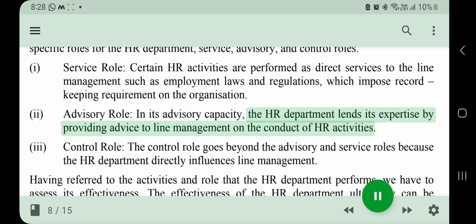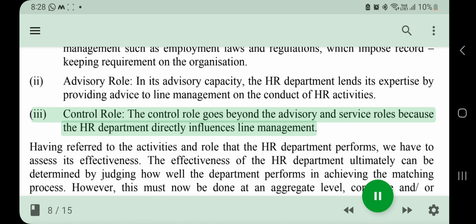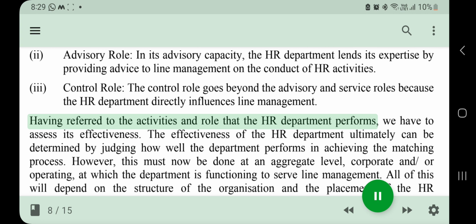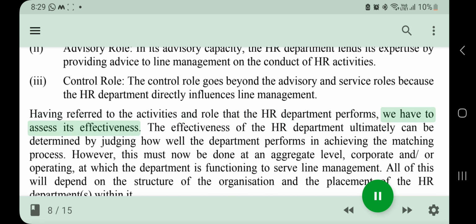In its advisory capacity, the HR department lends its expertise by providing advice to line management on the conduct of HR activities. Three, control role. The control role goes beyond the advisory and service roles because the HR department directly influences line management.